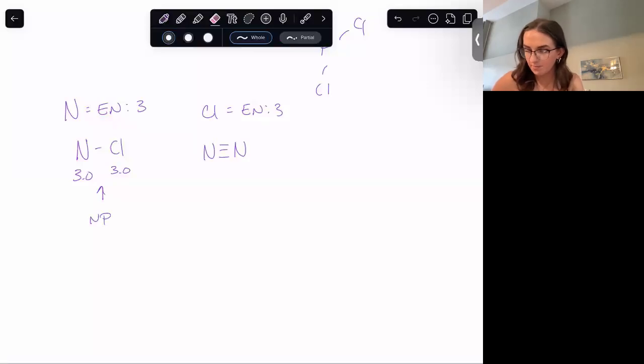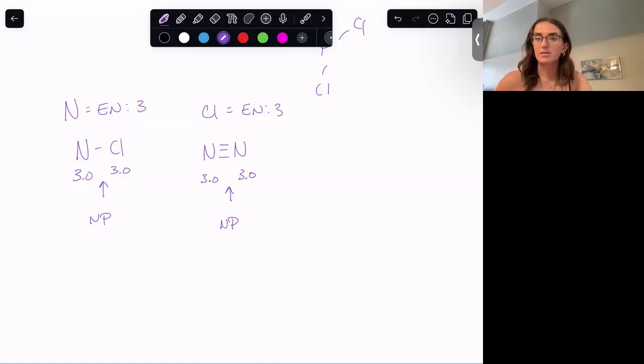So this is non-polar. What about nitrogen? Nitrogen's 3. Nitrogen's 3. What happens to this bond here? Is that polar or nonpolar? That's nonpolar as well, right? So we're comparing two nonpolar bonds.